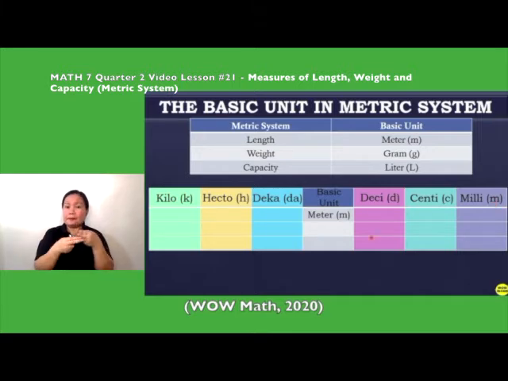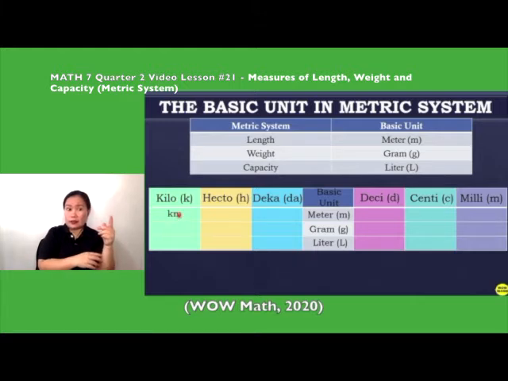Okay. So, kung ang kinukuha nyo pong sukat ay length, haba o distance, then the basic unit is meter. So anong gagawin natin? Yung kilo mo magiging km, kilometer, kasi meter is the basic unit.